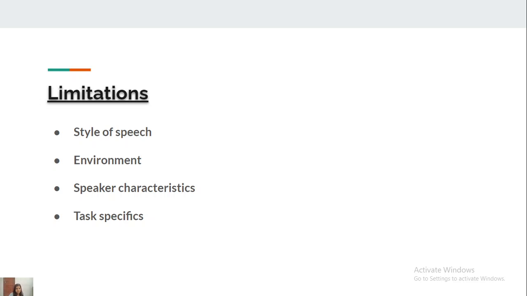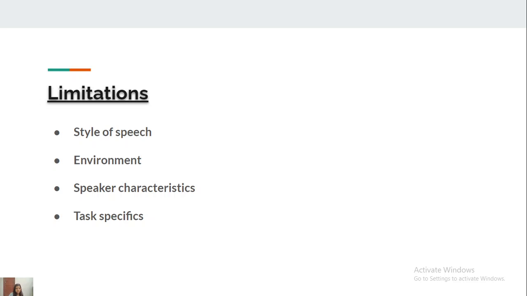Next is speaker characteristics. Now, all of us have different ways of speaking. So, accent comes into play, rate of speech comes into play, and as we all know, different people speak in a different way. For example, some people speak faster and some people enunciate more, and age also comes into play here.